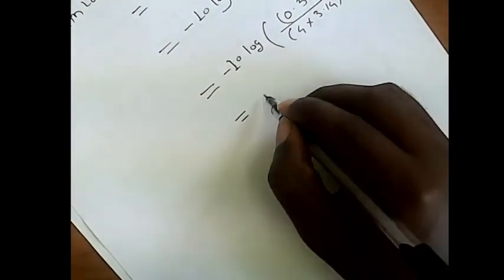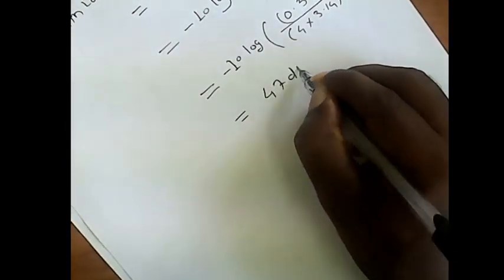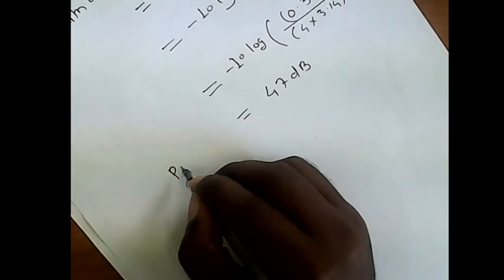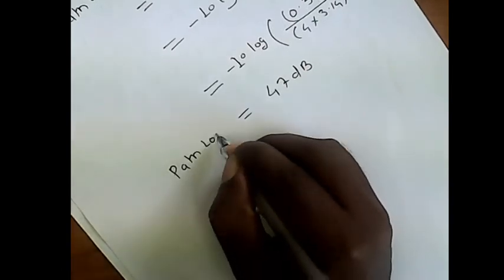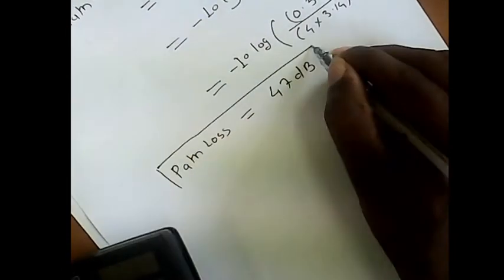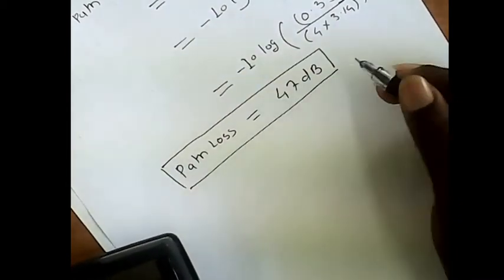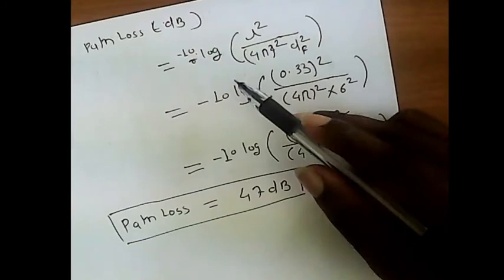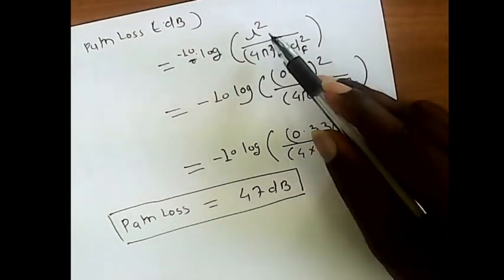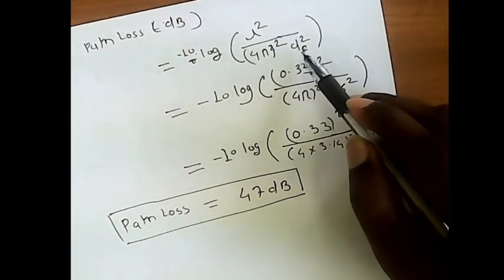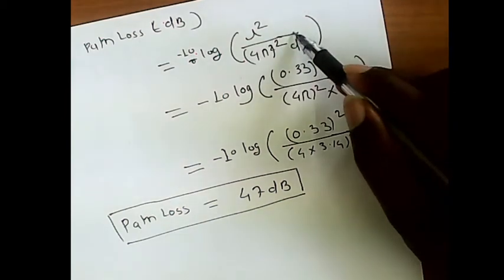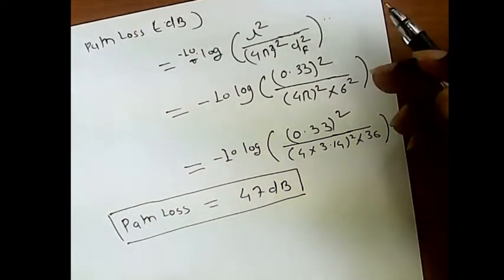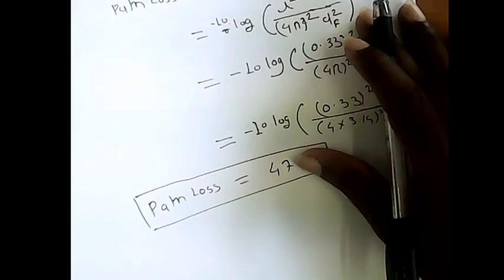So the path loss is 47 dB. We use this formula, minus 10 log of lambda² divided by 4π² d_f², because the antenna has unity gain, which is given in the question.